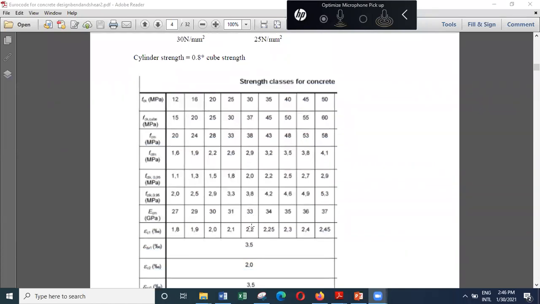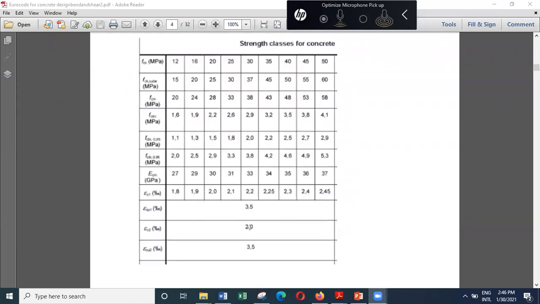And in addition to all this, you'll also get another important property, and that is the elongation that you are going to get when the concrete is about to fail.